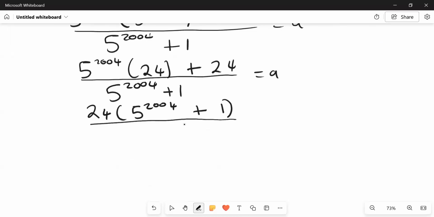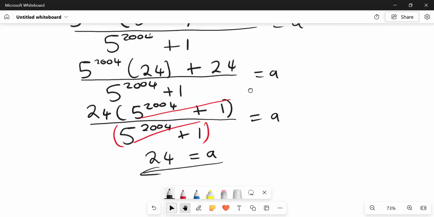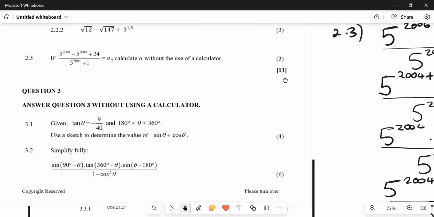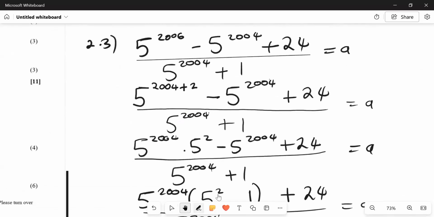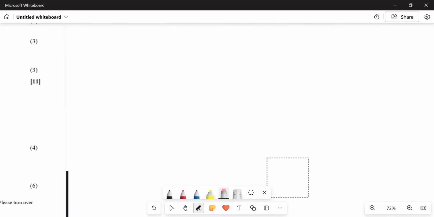So you have your 5 to the 2004 plus 1 equals A. Now let me use a different color to show you that now I'm cancelling. Okay, this is a bracket. Now 24 is equal to A. So A is equal to 24. I hope it makes sense. Now we've calculated the value of A without the use of a calculator. That was interesting. Actually, I enjoyed that sum.